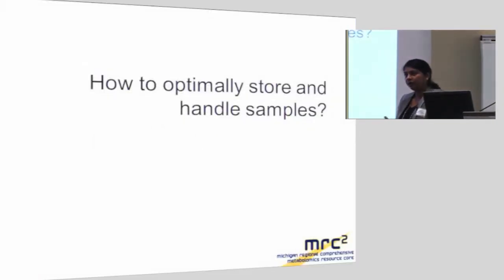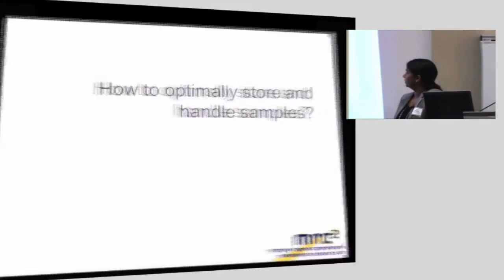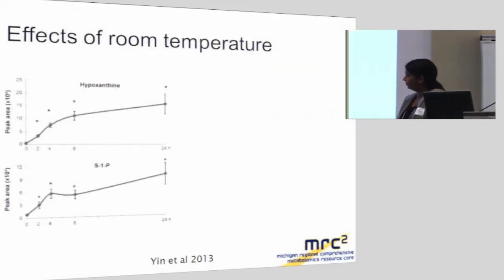Next, we're going to talk about how to store the samples that you collected so efficiently. Now we're going to talk about the effects of room temperature. In this study, 10 plasma samples were collected and left out for different hours: 2, 4, 8, 24. We're just focusing on two metabolites here, hypoxanthine and sphingosine 1-phosphate. You can see the levels keep increasing as the exposure to room temperature increases.